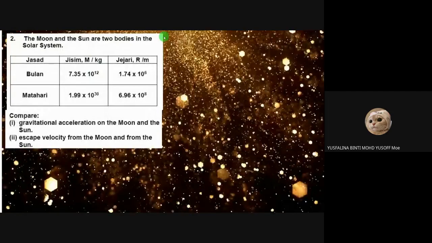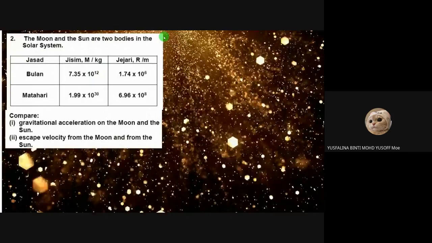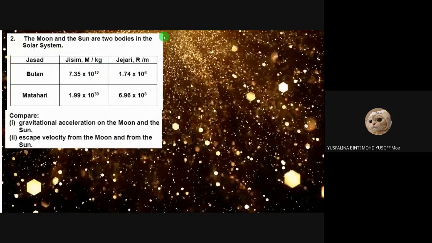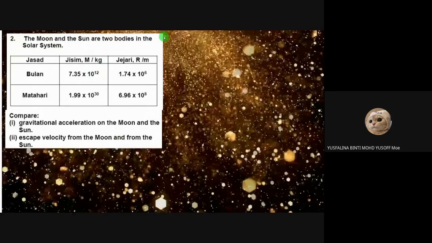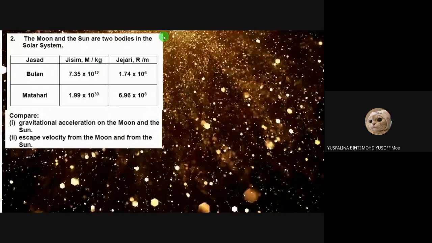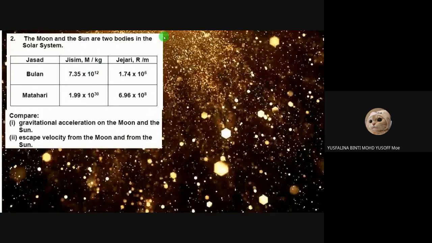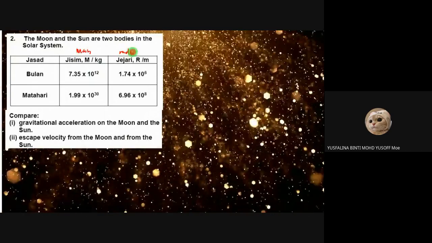Anyone still remember the formula for the gravitational acceleration? GM over r. Okay, very good. So try to calculate this one by using the formula. So this is the mass and this is the radius.